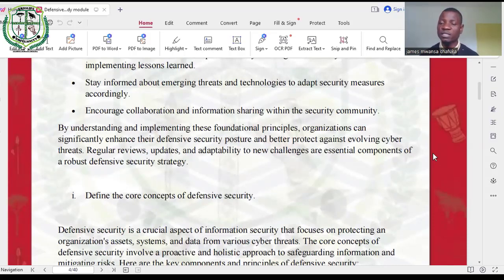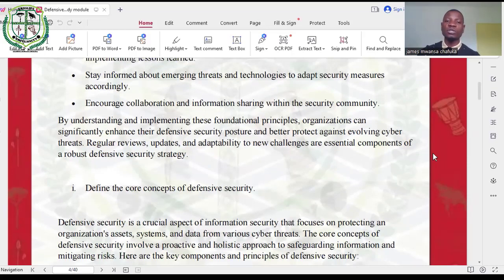So here we're saying that it is very much important to regularly review the system and update the system to protect it against any threats. This is very much important in defensive security.